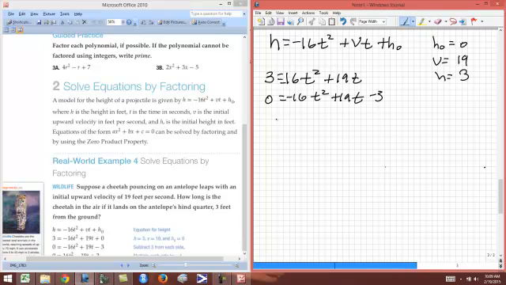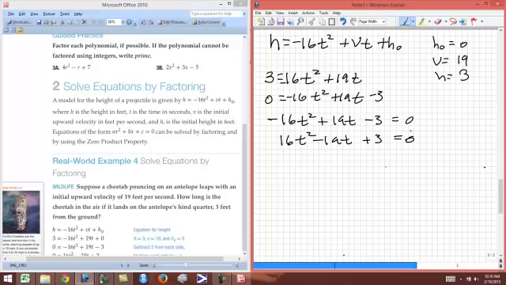So let me write the equation like this. Negative 16t squared plus 19t minus 3 equals 0. Let's multiply everything by negative 1. Okay? So we're going to get 16t squared minus 19t plus 3 equals 0.